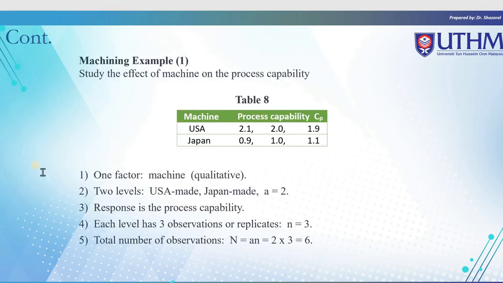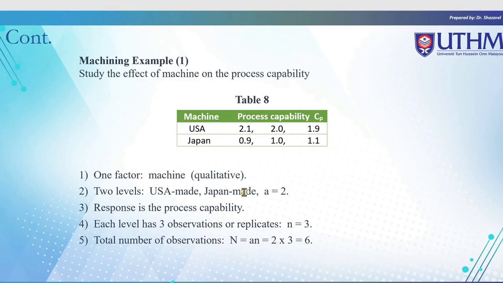We refer to the example of process capability using two types of machine. There is only one factor, which is the machine. We have two types, which we call the levels of the machine, USA and Japan, so it is a qualitative factor.